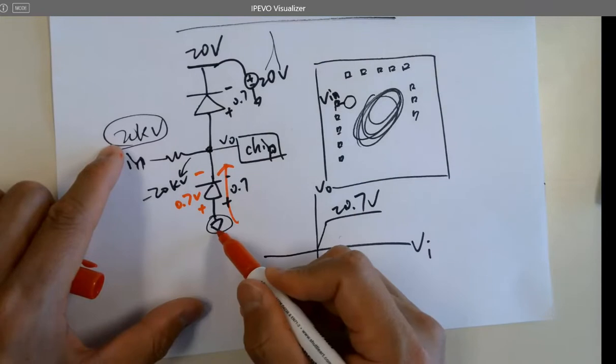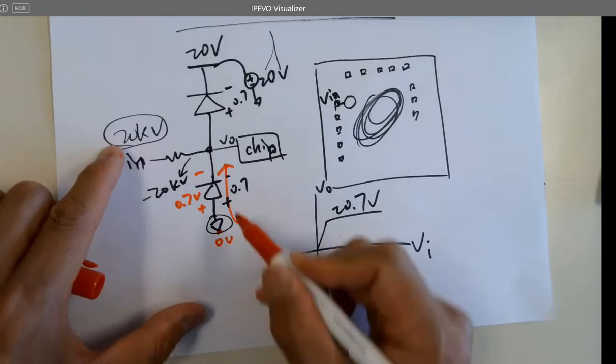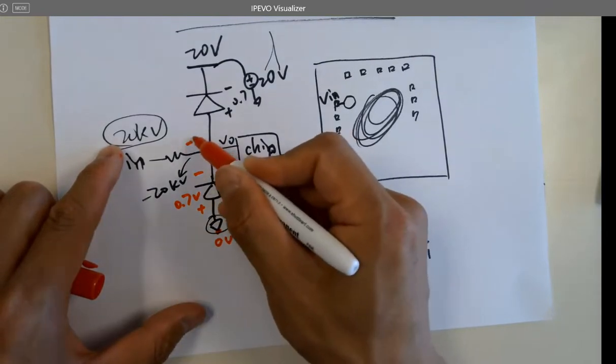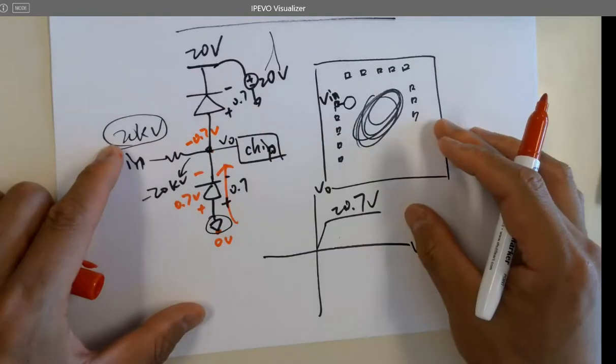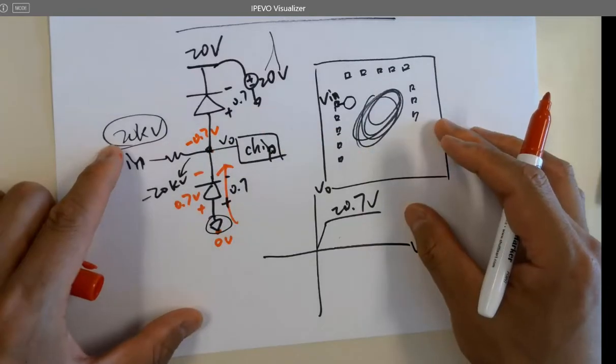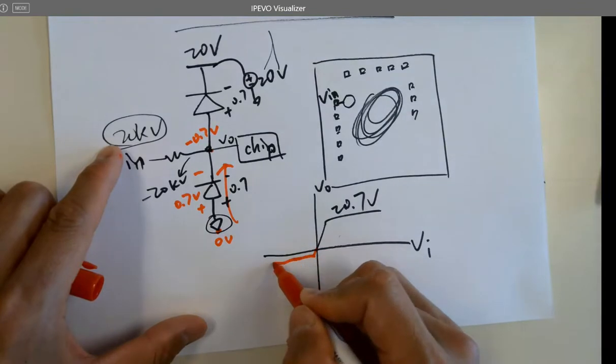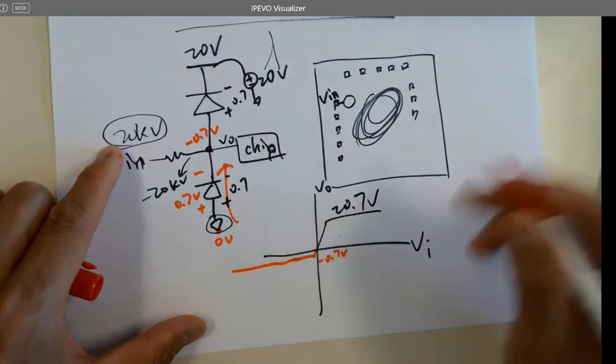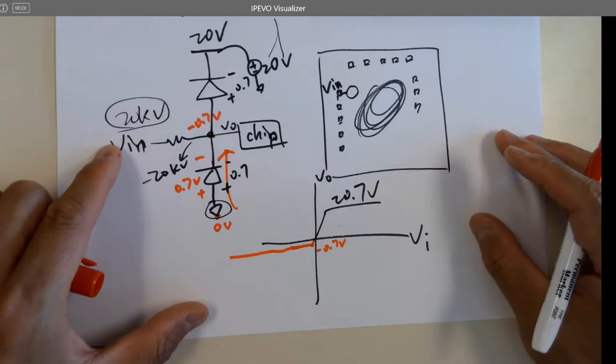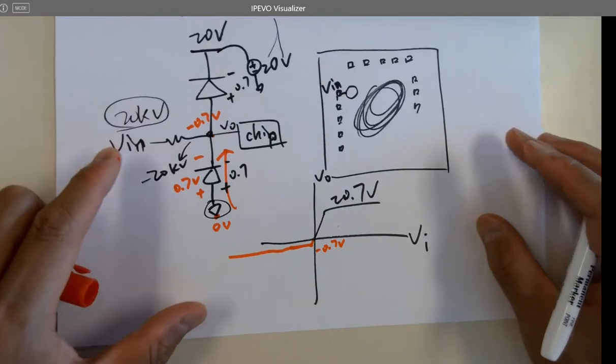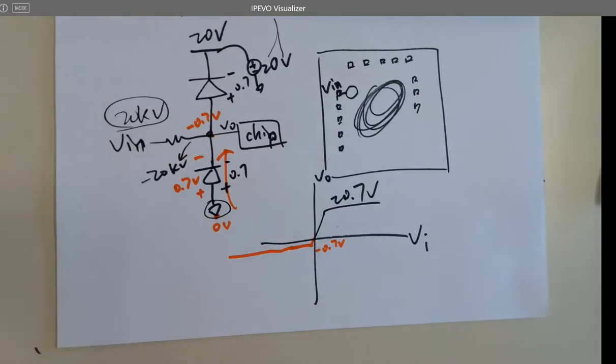So what's the voltage here? What's the voltage here? Oh, yeah. If you were to implement this circuit, would you give the bottom diode negative 20 volts, or would you just leave it around? You just don't have that negative 20 volts in the circuit. But why negative 20 volts?